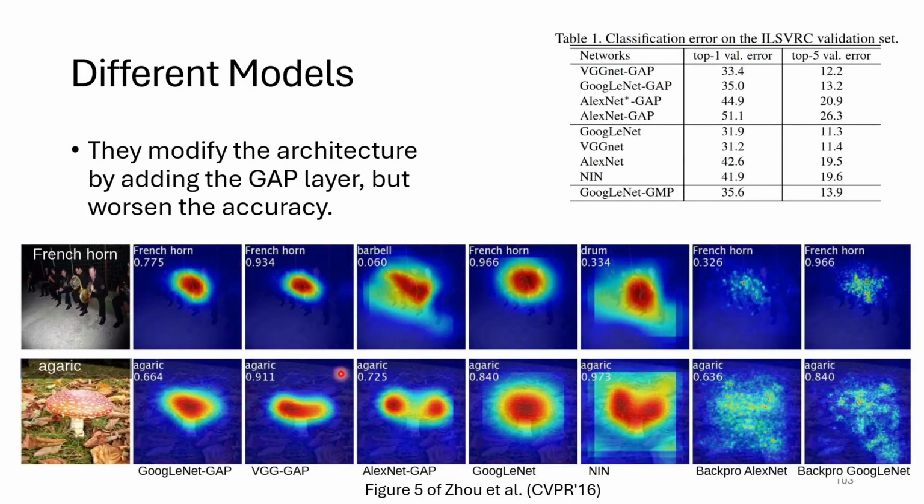And in the CAM paper, CVPR 2016, they showed they can extend the global average pooling layer to 1,000 classes, and the result looks good.